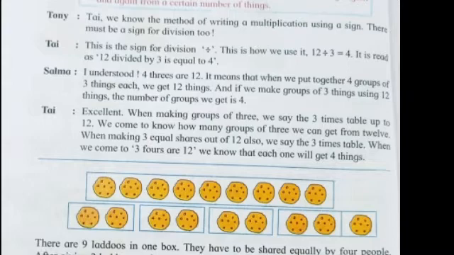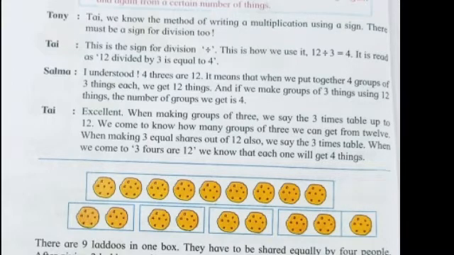I understood. 4 threes are 12. It means that when we put together 4 groups of 3 things each, we get 12 things. And if we make groups of 3 things using 12 things, the number of groups we get is 4. Excellent.